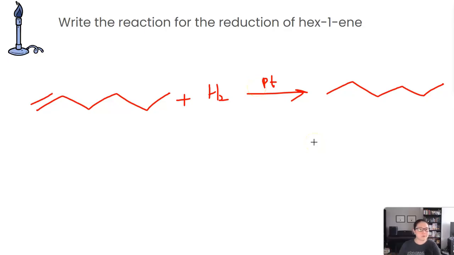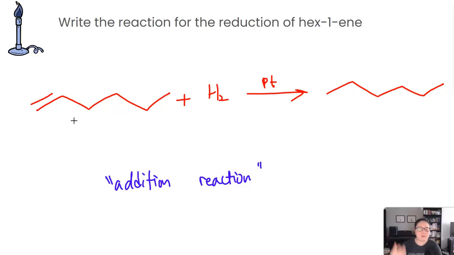Something else that I want you to keep in mind is that this particular reaction, while it definitely is a reduction because you are adding hydrogens to these carbons, there is another name for this type of reaction. I did mention that your double bonds and triple bonds are actually a lot more reactive, and so hydrogens are not the only thing that you can add after breaking those double bonds or triple bonds.